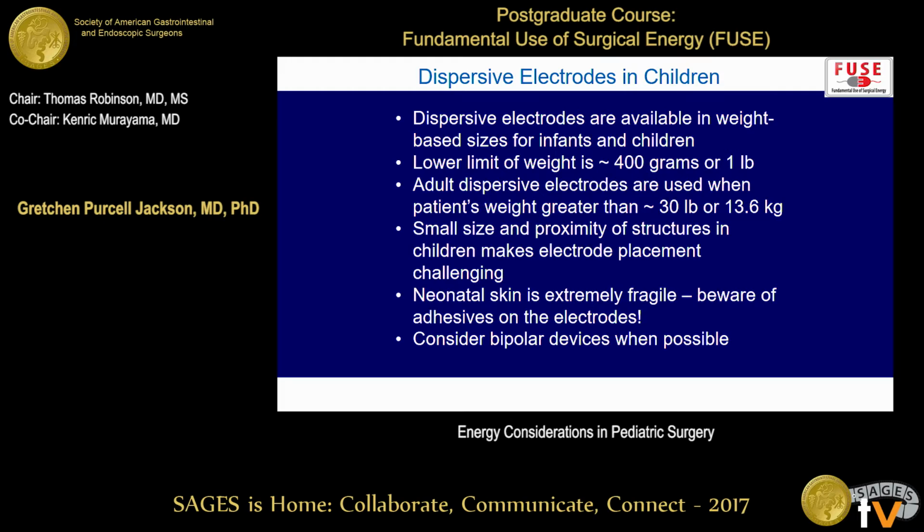Dispersive electrodes are available in weight-based sizes for infants and children, so the lower limit of this is about 400 grams or about a pound. You can use adult dispersive electrodes when children get up to be about 30 pounds or 13 to 14 kilograms.